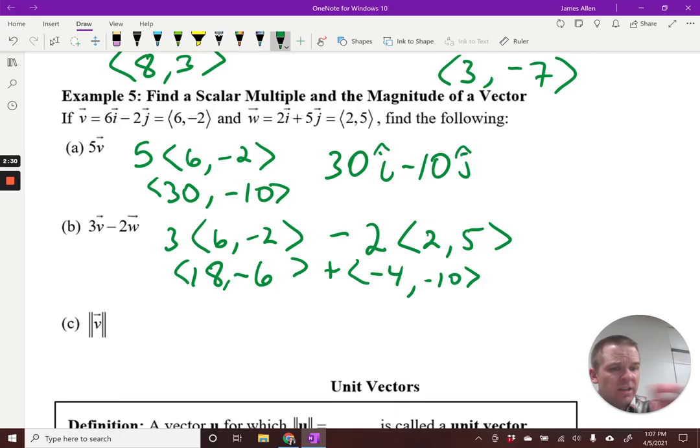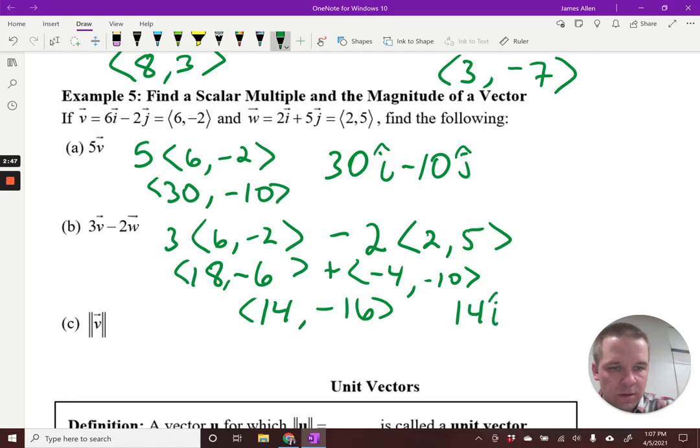I've already taken care of the negative, which is why it's now addition. Then I add those and get <14, -16>. And again, you could write that as 14 i hat minus 16 j hat.